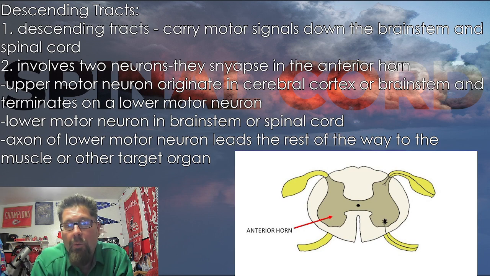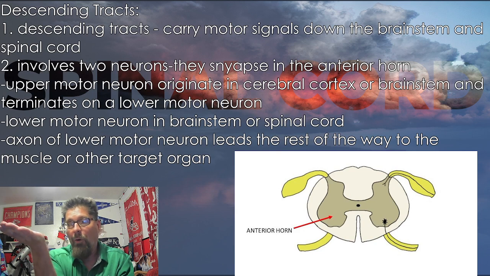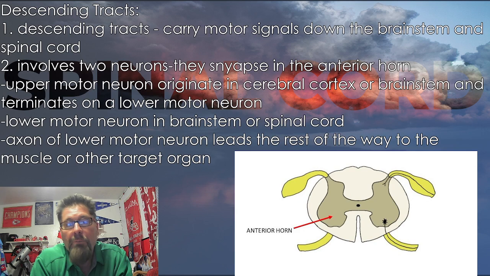The anterior horn is on the bottom, but as it sits upright normally, anterior refers to front, posterior back. So the anterior would be what's facing the front, the face side of your body, and of course the posterior is the top of this, or what would be the back of the spinal cord if it was upright, like it normally is.